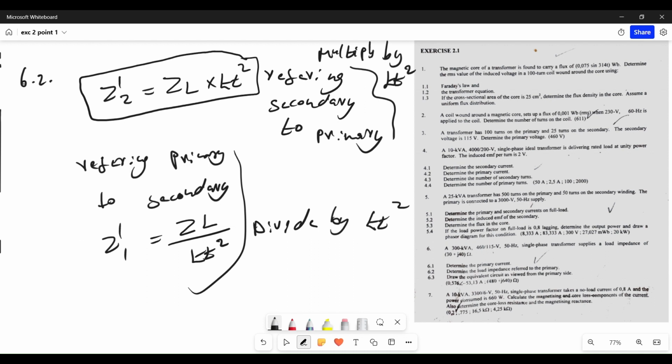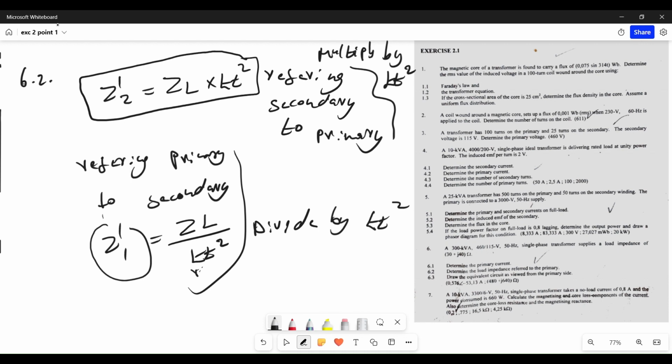The difference between these two is that when you're taking resistance or impedance or reactance from the primary side to the secondary side, you divide by kt squared, the transformation ratio squared. Your new value on the secondary side will be called Z prime 1 or R prime 1 or X prime 1.